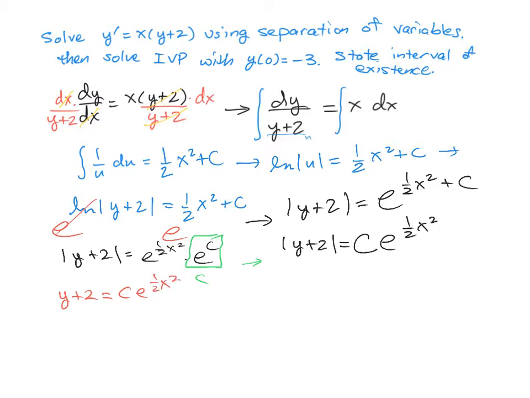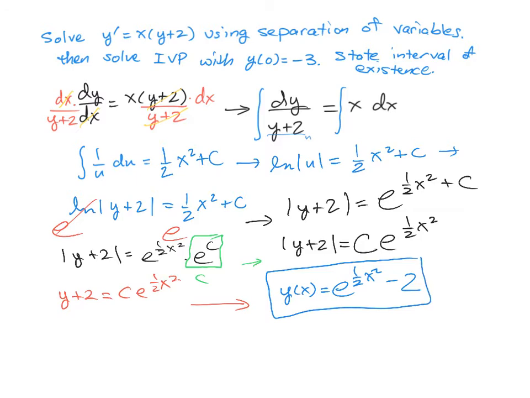Then, of course, we can subtract 2 and remind ourselves that y is a function of x. So y of x is c e to the 1/2 x squared minus 2. And that is our general solution of this differential equation.